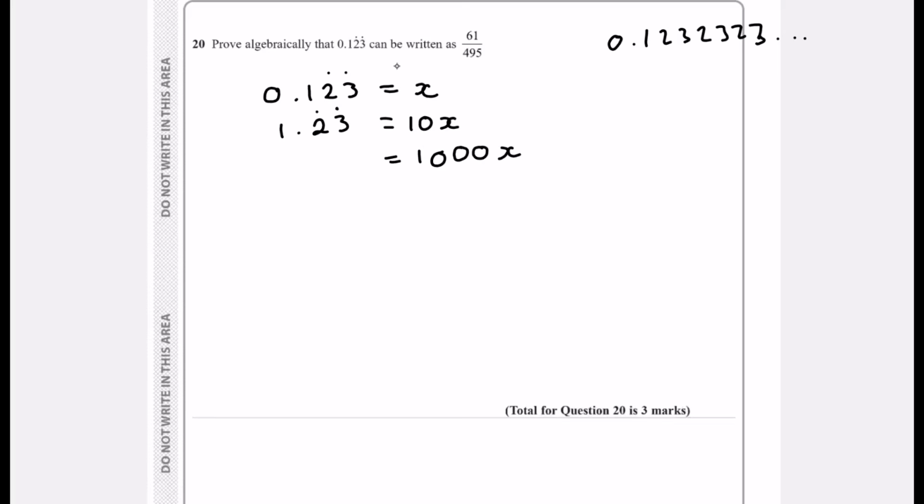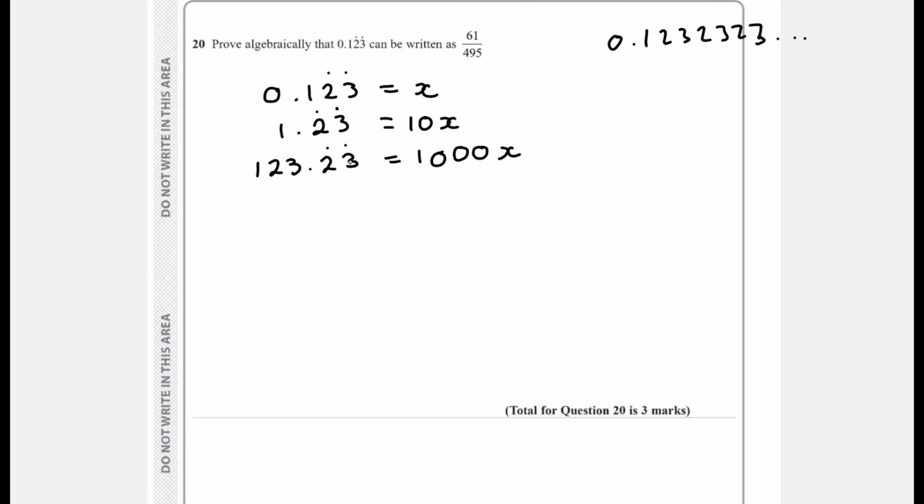Multiply the original one by 1,000, I get 123.23 recurring. 100x would have been no good to me. That would have been 12.323232. But I want 232323. They need to end in the same thing.